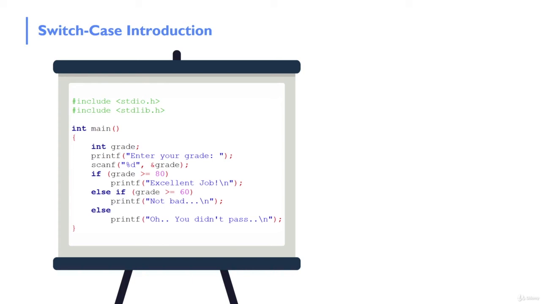So in this example, we tested out some conditions, and for each of these options, we've printed out a corresponding message. And if you take a closer look, you will see that we checked whether a condition is true or false for a range of numbers. For example, if we take the first condition, which is if grade is greater or equals to 80, that may be true for all numbers, which are basically 80 or higher, right?